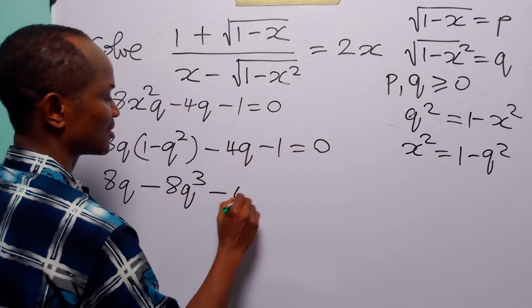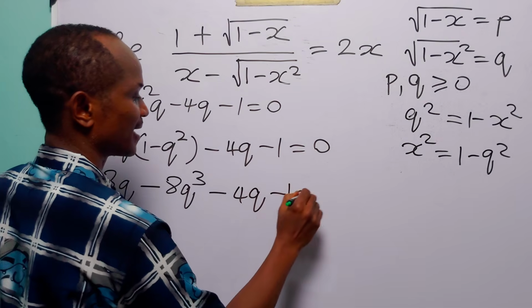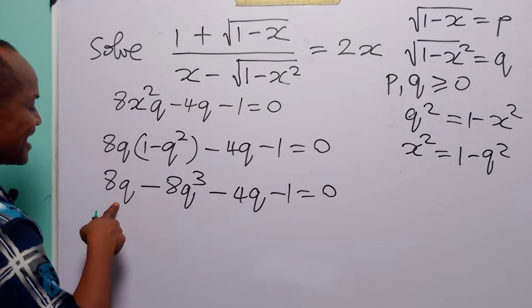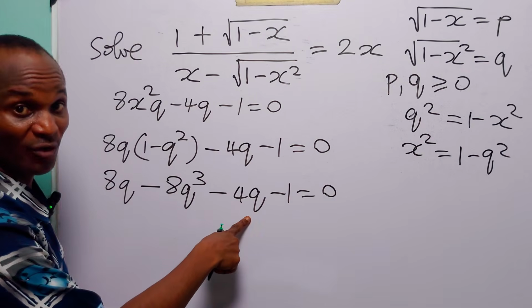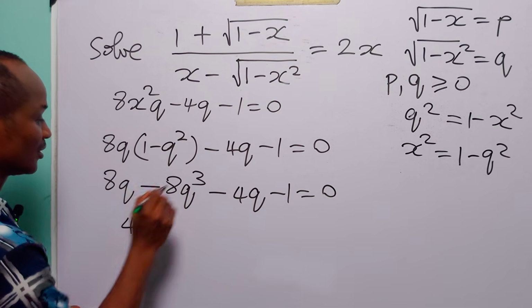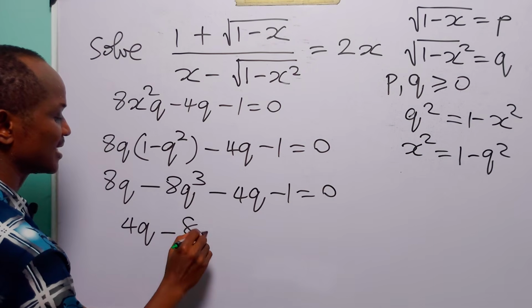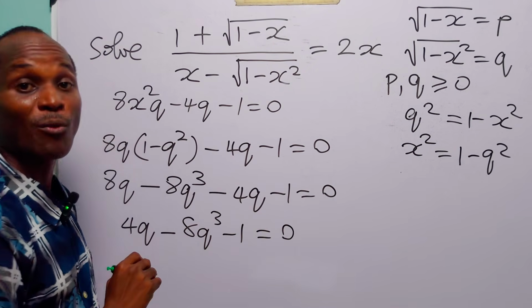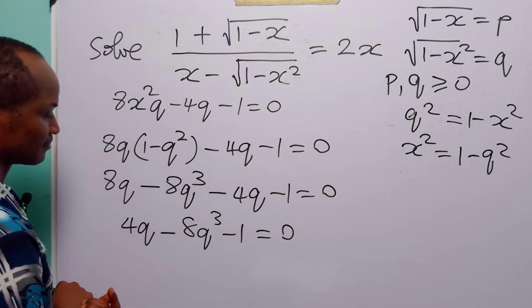Then we have minus 4q minus 1, and this is equal to 0. Now, 8q minus 4q is going to give us 4q. Then we have minus 8q cubed minus 1, and this is equal to 0.